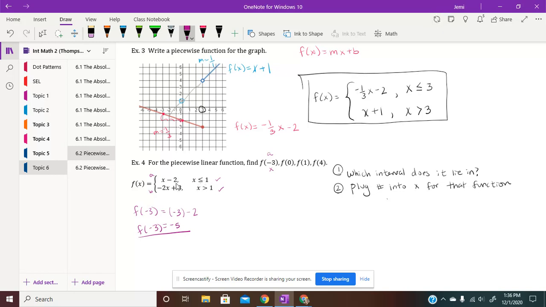So I'm going to plug it into this function again. Same function, okay. So f of 0 gets plugged into A, so that's going to be something minus 2. So I have 0 minus 2, which is -2. All right.